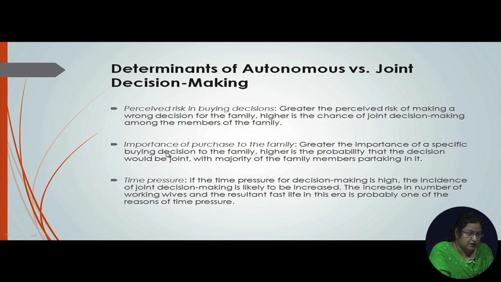If the perceived risk is more, the decision is more likely to be joint. If the importance of the purchase to the family is more, like a child's school, it would be more of a joint decision. But if the time pressure is very high, probably any one person can take the decision.